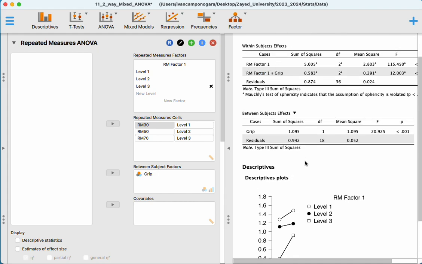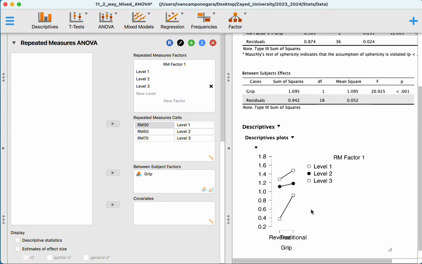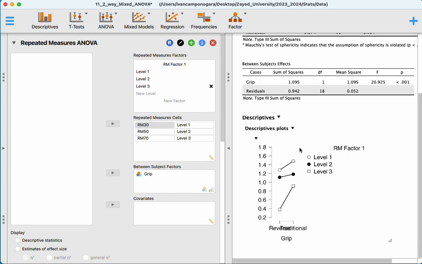The main effect of the day is basically collapsing the data between the two grips, and is the average of these versus the average of these versus the average of these two. And it looks like at level 1, the force is higher than in level 2 and level 3. And then we have the interaction.